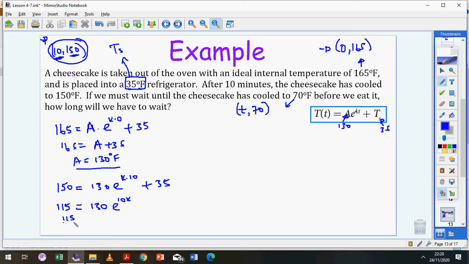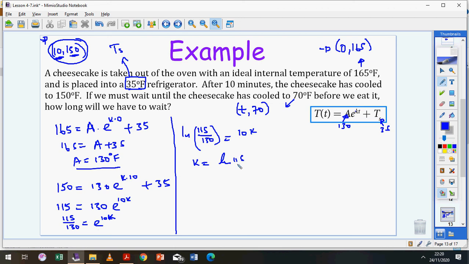What do I do next? Introduce natural logarithms. Natural logarithm of both sides, I have natural log of 115 divided by 130 is equal to natural log of e to the 10k. I just have 10k. So k is going to be natural log of 115 divided by 130, divided by 10.